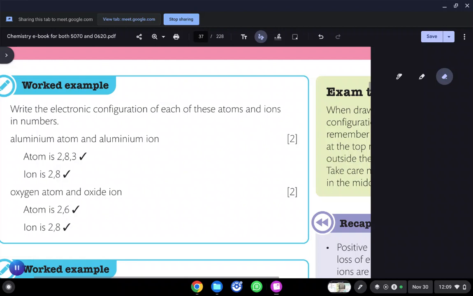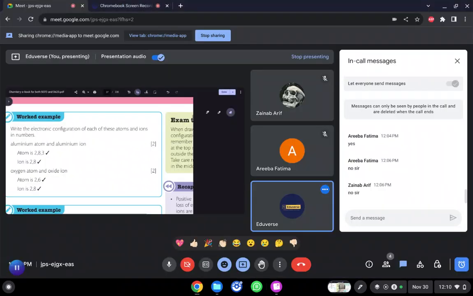The original electronic configuration of oxygen is 2,6 because the atomic number is 8. But oxygen needs two more electrons to become stable. So oxygen will gain two electrons, and after gaining them, the electronic configuration will be 2,8. Any confusion here?